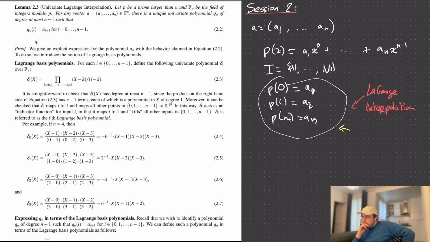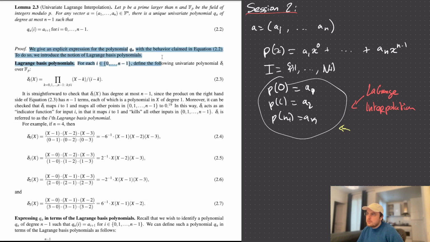Okay, so let's continue. The lemma says that Lagrange interpolation will always work in a prime field for any vector.